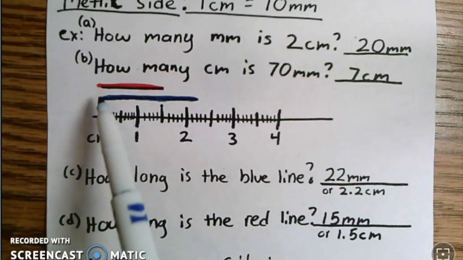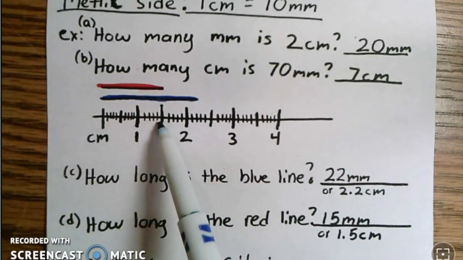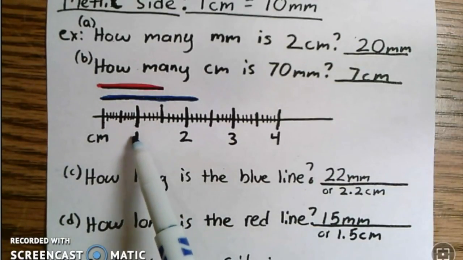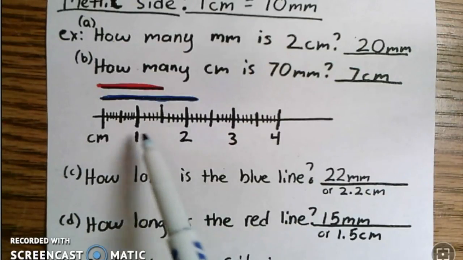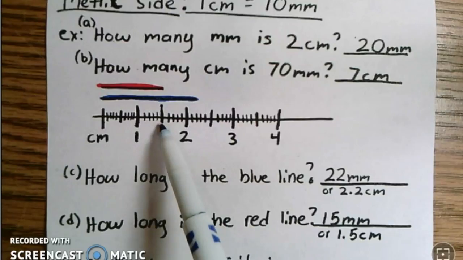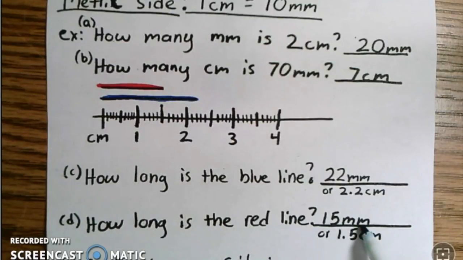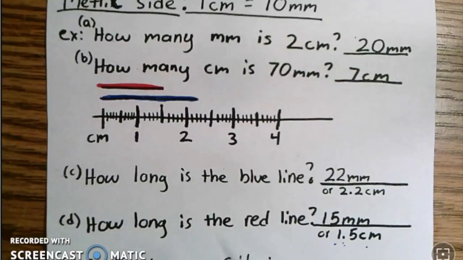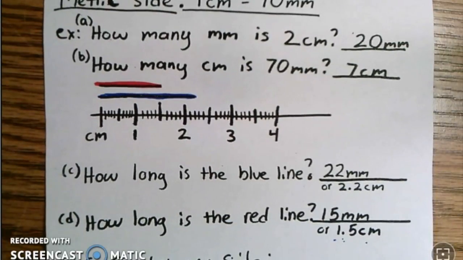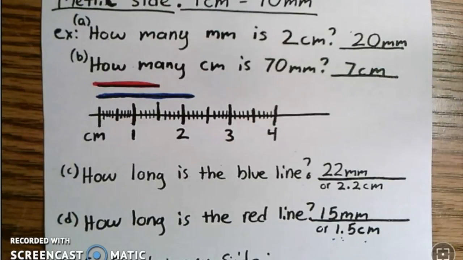The red line goes to here, so it's going to be 1 centimeter and 5 millimeters, which I could write as 10 plus 5, so 15 millimeters, or if I wanted to keep it as centimeters, it would be 1.5, because I went 5 spaces after the 1. And those are all the types of questions that you'll see for the metric system.